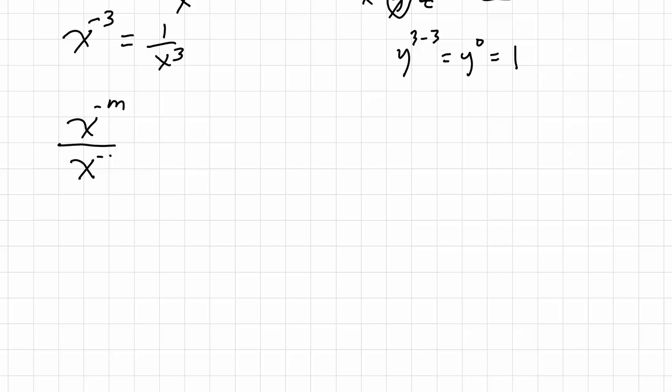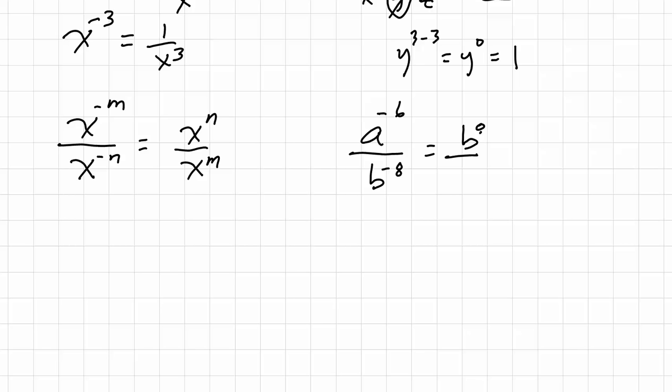Let's say we have negative exponents in both the numerator and the denominator. So we just flip those. If we had a to the minus 6 over b to the minus 8, we place those in the different position of the fraction.